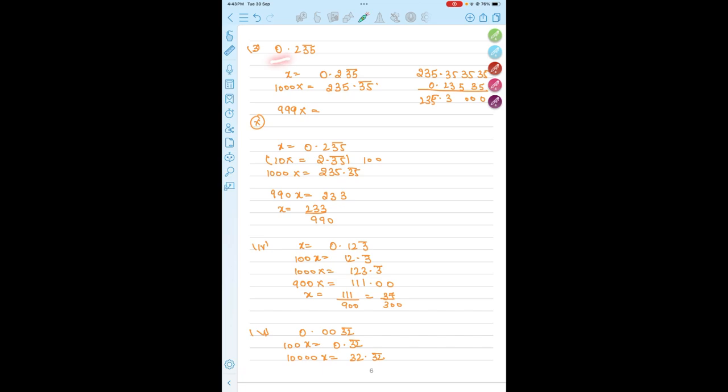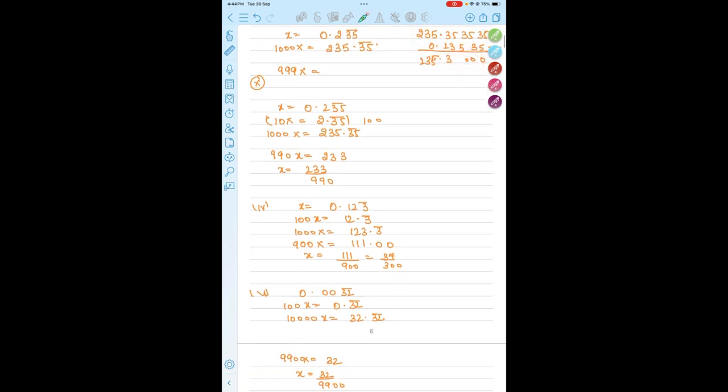Next question is 0.235 bar. So it is expressed as 0.235353535 and so on and so forth. If we multiply this by 1000x, it will be 235.35 bar, and if I subtract both of them, it will be 999x is equal to, and if I subtract the two right hand side numbers, again I'll get something after decimal and not a natural number.